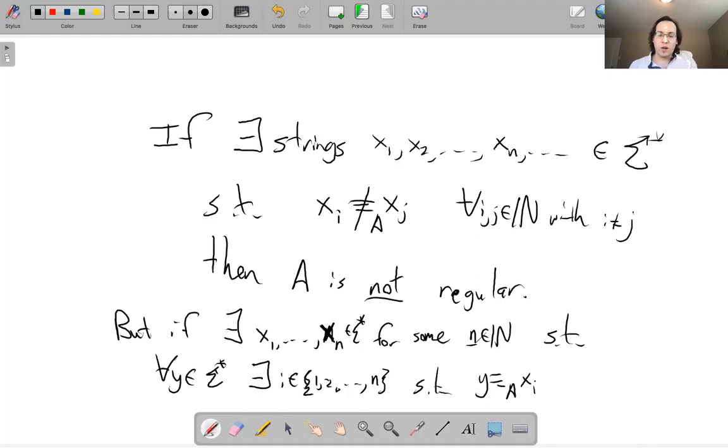So if you can find finitely many strings such that every other string is equivalent to one of them, then A is regular.